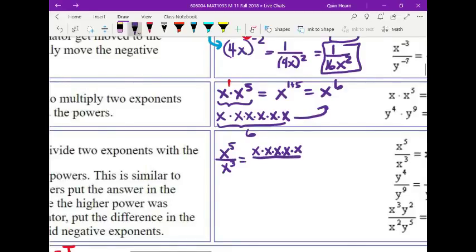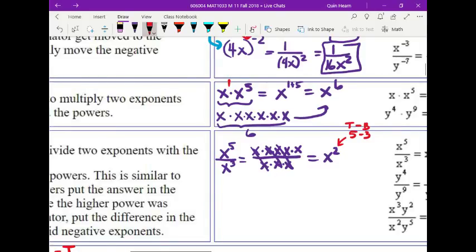If we have 5 copies of x over 3 copies of x, 3 of the copies of x are going to cancel out, leaving us with just x squared. You can write x squared over 1, but we don't want to leave that in our final answer. So I'm just going to write x squared. But notice that that is exactly 5 minus 3, the top exponent minus the bottom.